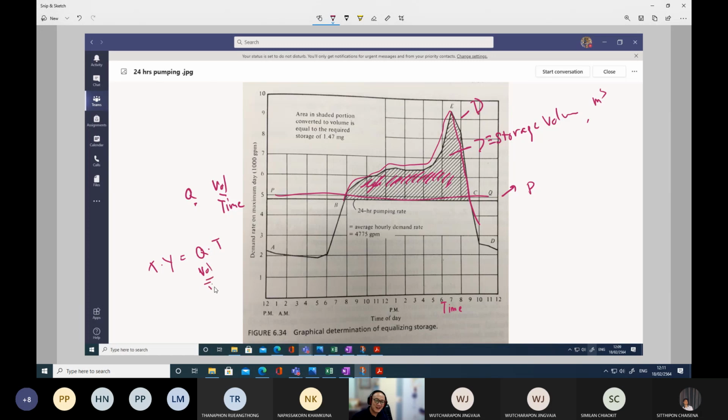Volume divided by time, and then this is the time. So these two cancel, and what is left is just the volume. That is why if you could determine the shaded area based on this graph, it will be equal to the storage volume required.